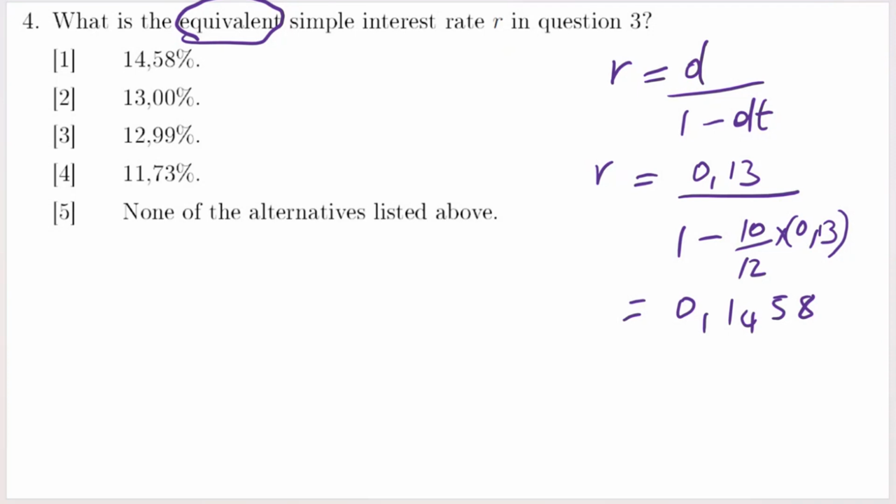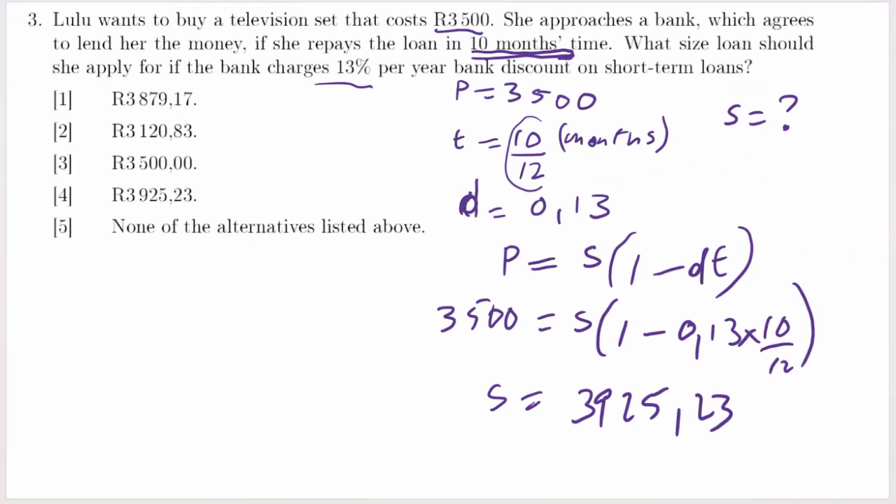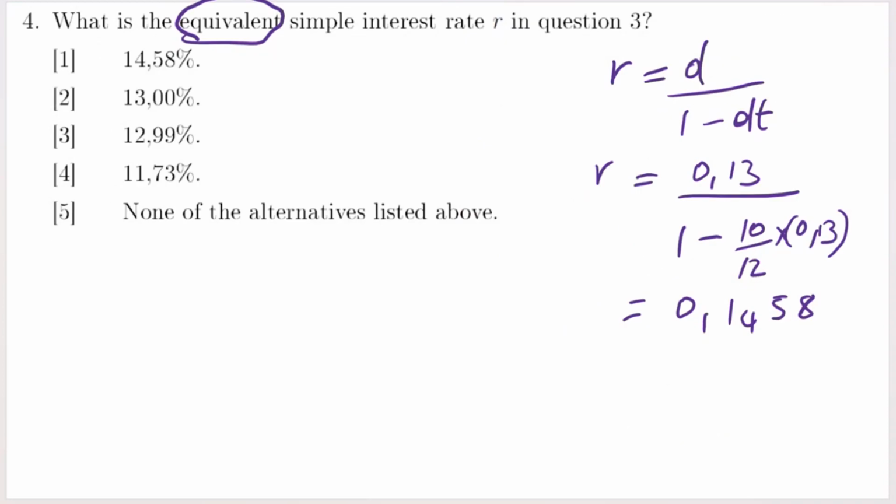Should it happen that you don't remember the formula for an equivalence between simple interest and the discount, what you can do here would be for you to go and calculate the interest. Okay, you would say, okay, fine. I know from here, I've got my S, I've got my present value. I can calculate my interest, the actual interest amount.